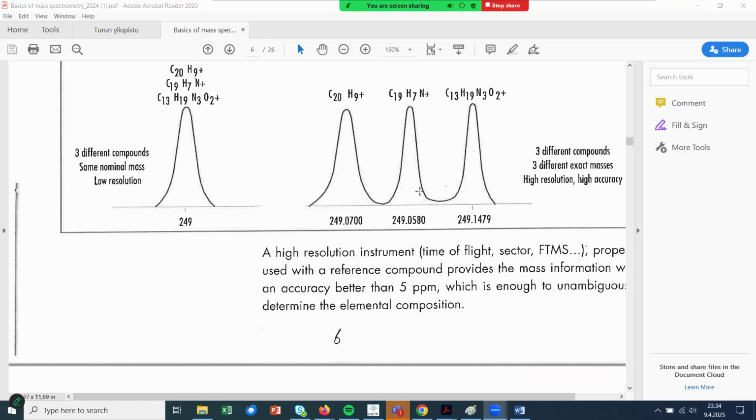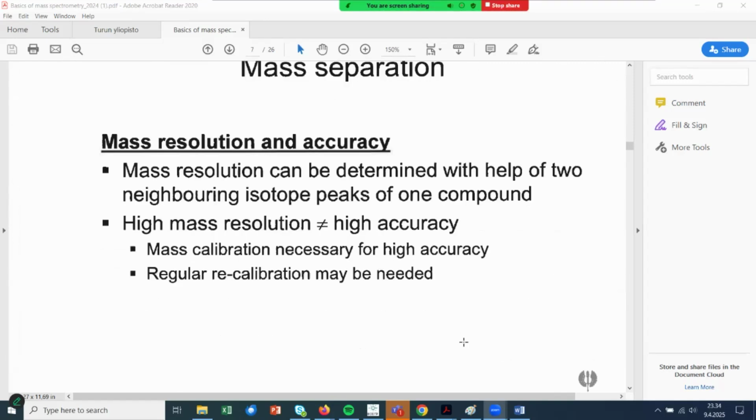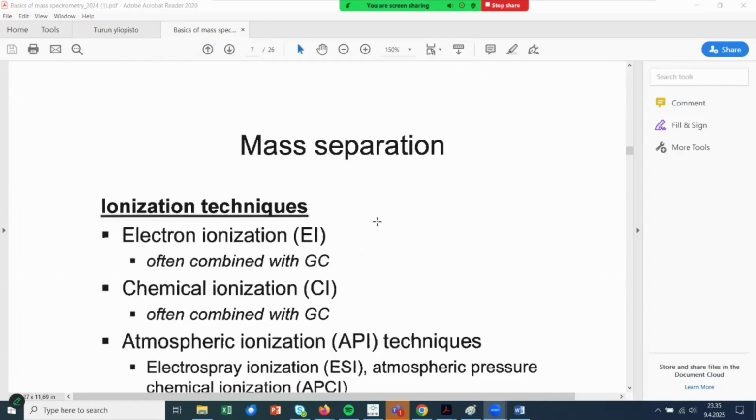Same here with these highly sophisticated instruments. To be sure that these values are correct, so we have high accuracy, we need constant calibration against known components whose masses we know. If that's done correctly, then high mass resolution instruments can also be of high accuracy. Constant calibration is necessary.